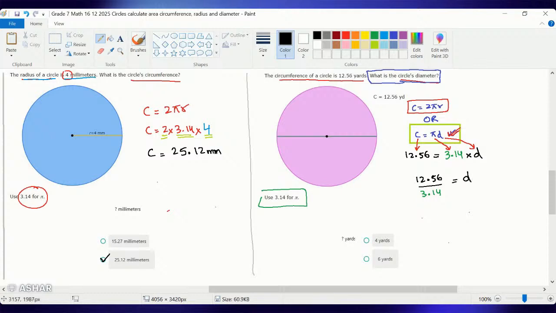Yes. So what should be the answer in this case? When 12.56 is divided by 3.14, the answer comes out to be either 4 or 6. What is the answer? Okay, that's good. When we divide these two numbers, the answer would come out to be 4.